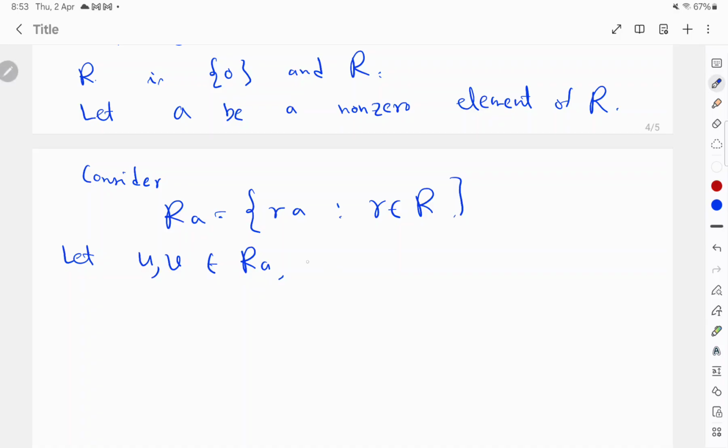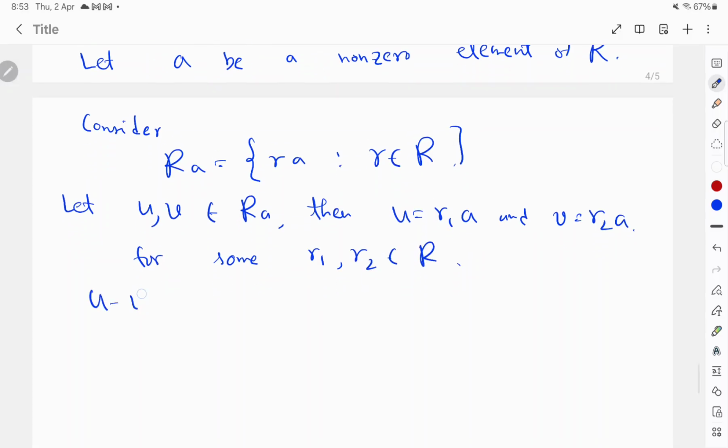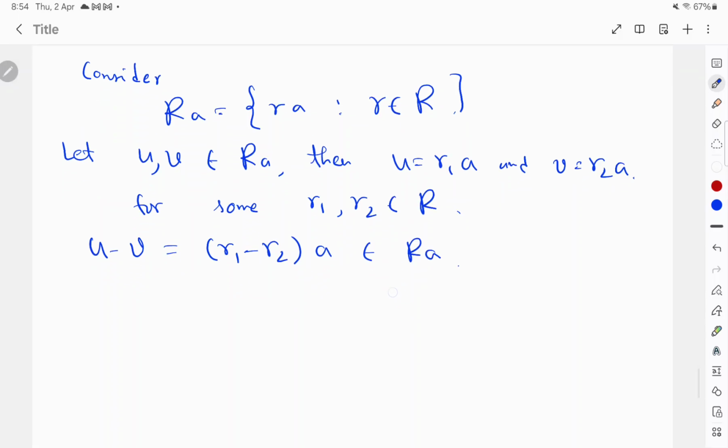Let u and v belong to Ra. Then u equals r1 a and v equals r2 a, for some r1, r2 belonging to R. Now obviously u minus v, this is very easy to prove, it is there, right?